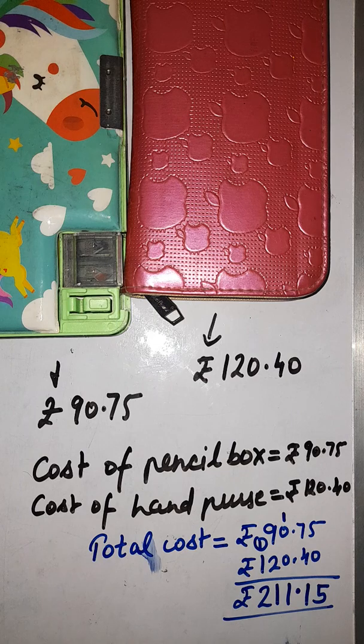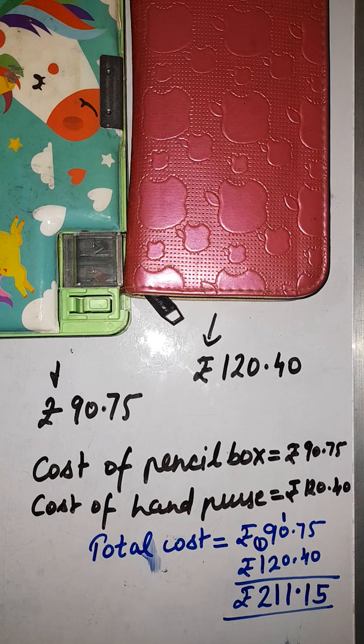It means that this is a story problem sum, and our today's topic is story based questions or story problem sums, which we use in our daily life, in our real life. Understood?